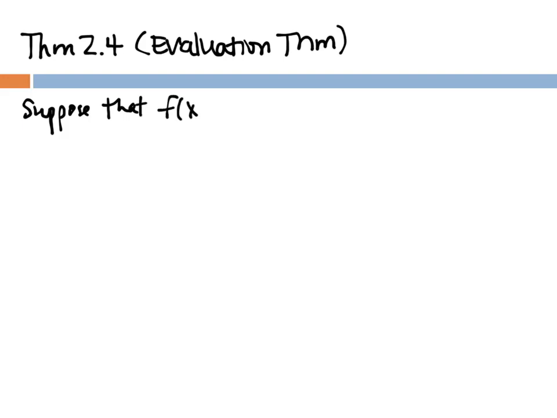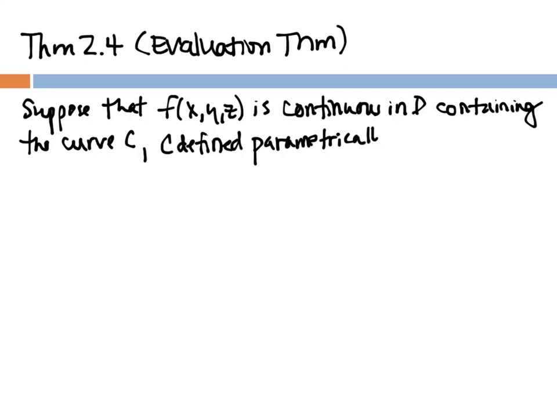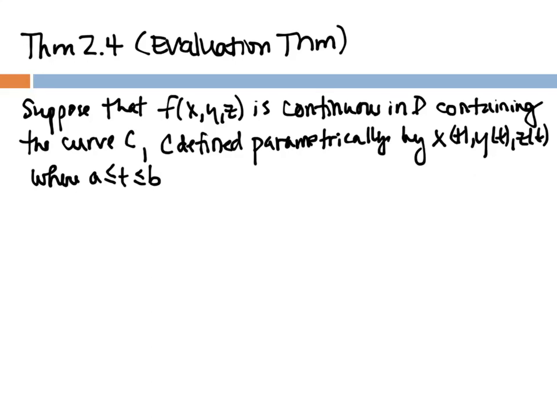Suppose that f of x, y, z is continuous in a region D containing the curve C. C is defined parametrically by x of t, y of t, z of t, where a is less than or equal to t is less than or equal to b, and each has continuous first derivatives.